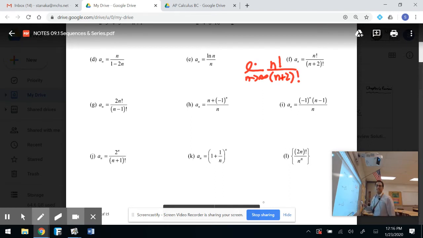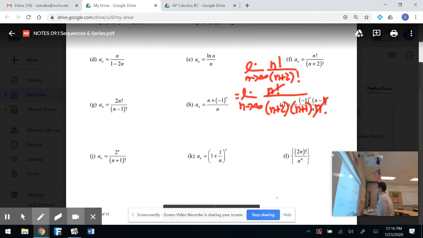And I want to rewrite it until maybe I get something I can cross out, right? And then it gives me a little bit more information of what's going on. But this is equal to infinity over infinity. It's not like we can use L'Hopital. We can't find the derivative of a factorial. On the top, I'm just going to keep that as n factorial. But on the denominator, I can write that as n plus 2, times n plus 1, and then I just keep on going.